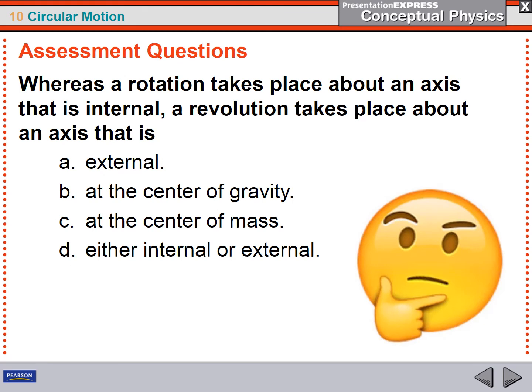Okay, let's see if you understand our lesson for this week. Let us take this question.